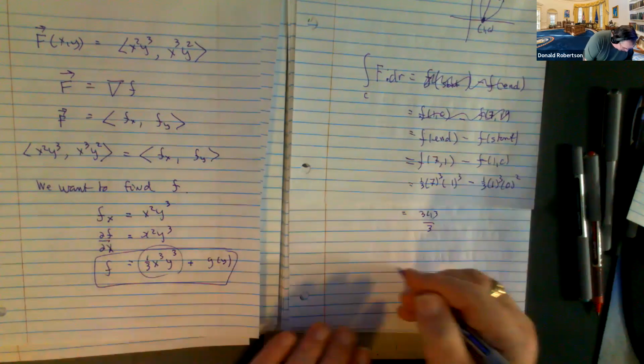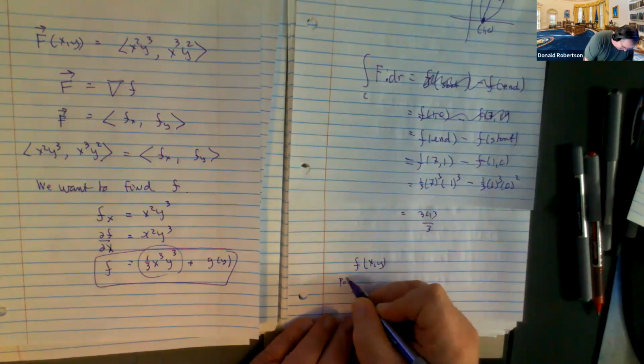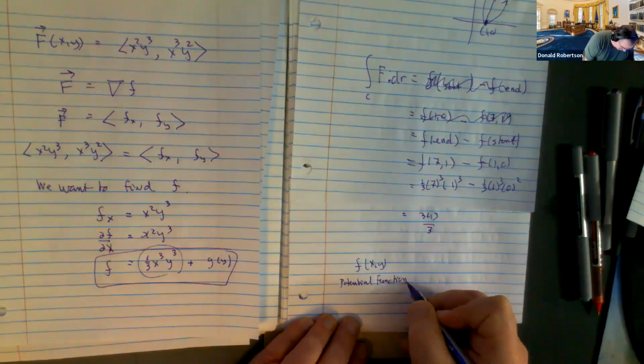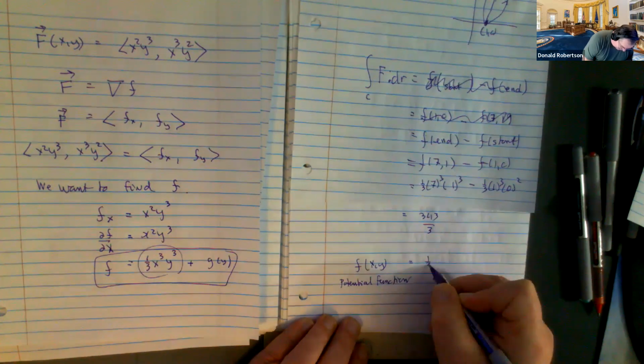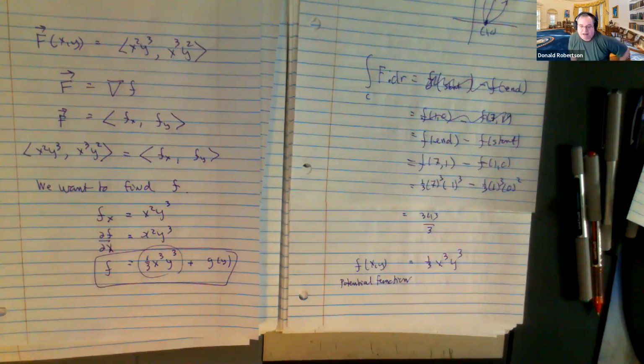Once you know the potential function, right, this guy, that's his name. In this case, it's 1/3 x cubed y cubed. Can I find any line integral in this force field?